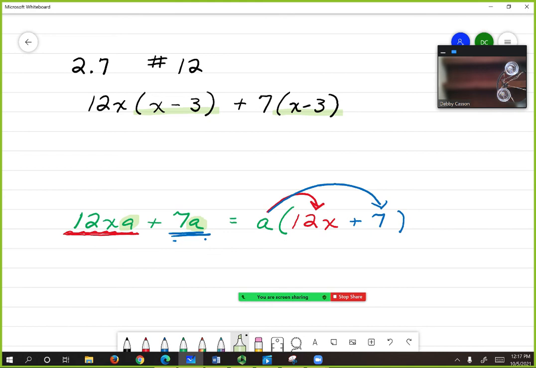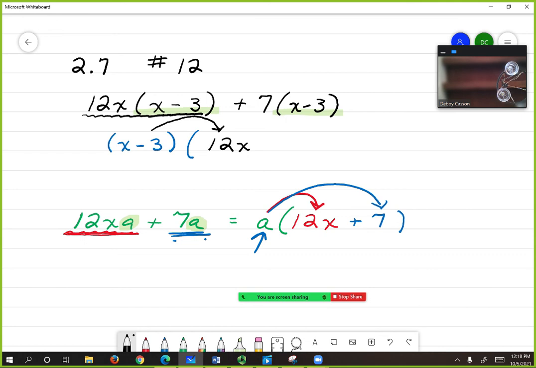Just like the common factor in the one below was a. Then I ask myself, x minus 3 times what is going to give me 12x times x minus 3? The answer is 12x.